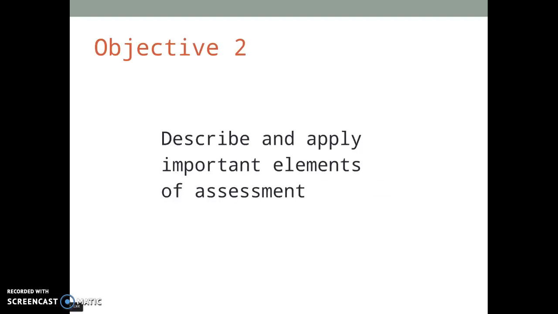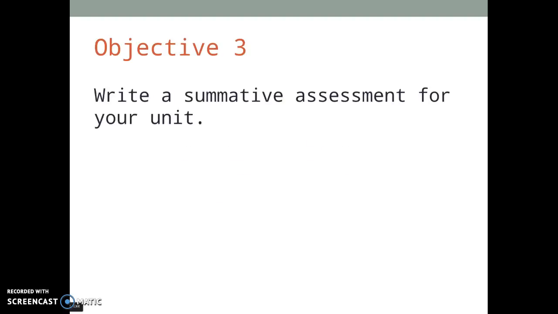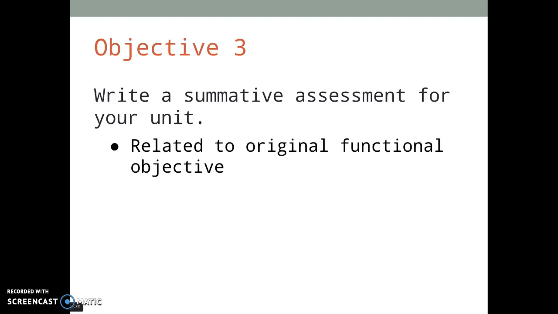You also will be able to describe important elements of assessment. But of course, when you apply those elements effectively, you will know that you truly understand what the elements are and how they fit in. As you write the summative assessment, remember that it relates to your original functional objective, the one you have been thinking about throughout the lesson, and the one that you had in mind in the very beginning.